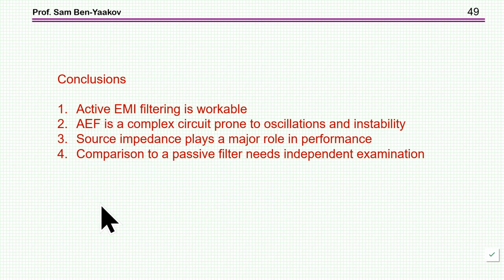And the point is that the active filter is actually making you a large capacitance capacitor, okay, emulating it. Now, you can put a large capacitance capacitor, and the question is, what's the penalty? Is it too big? And can you compromise? Can you maybe change the filter a little bit? So this is something to be looked at, and this was not done in this work.